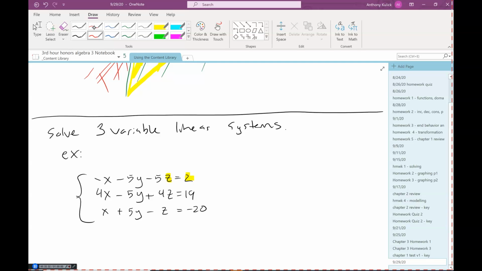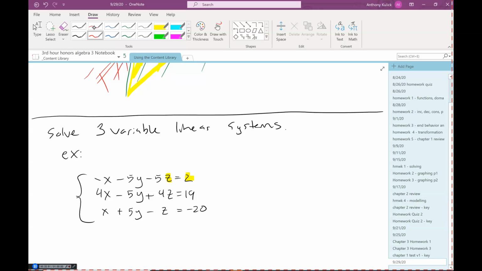Okay with that? So we're going to have to do 3 eliminations. One elimination to get one 2-variable equation, one elimination to get the other 2-variable equation, and then one more elimination to get a 1-variable equation. So that's the process that we're going to use.